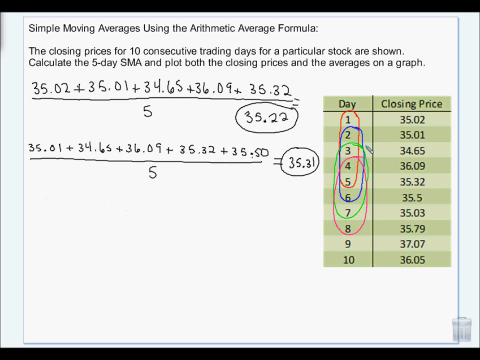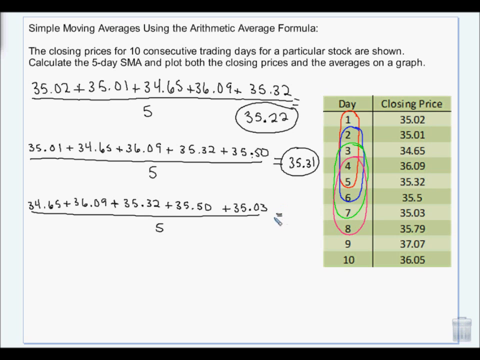And then I do days 3 through 7. So 34.65, and then I divide that by 5, which gives me 35.32.